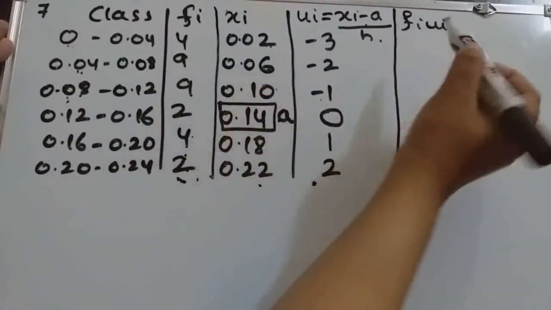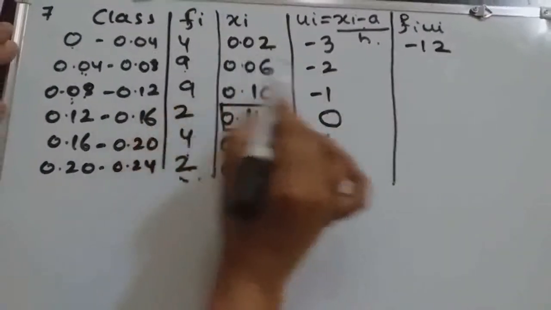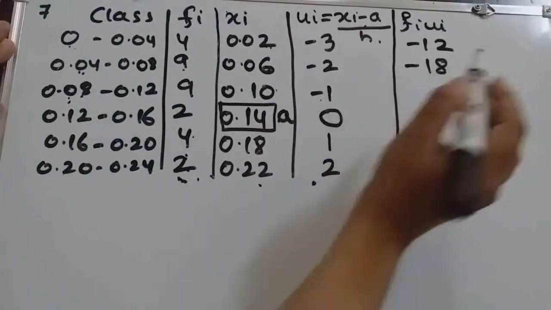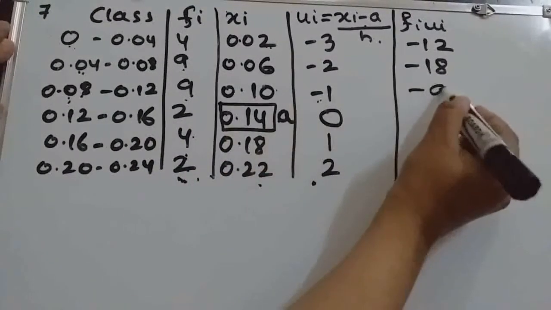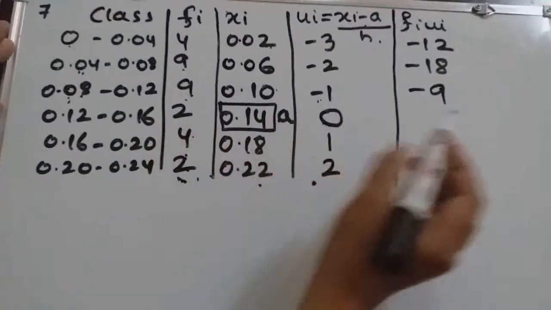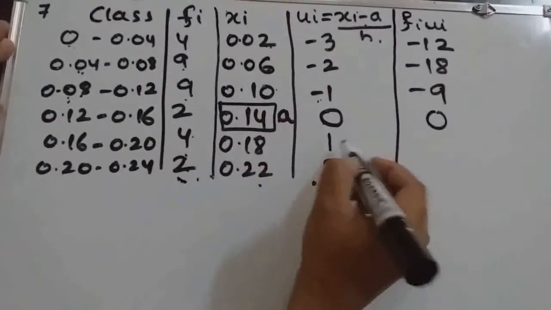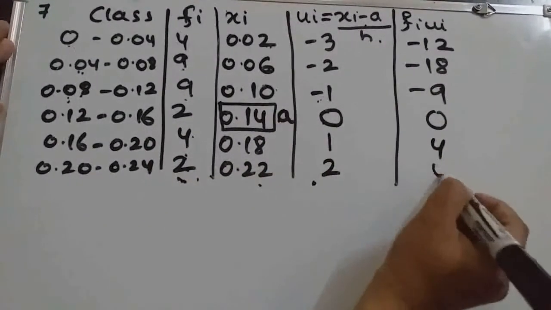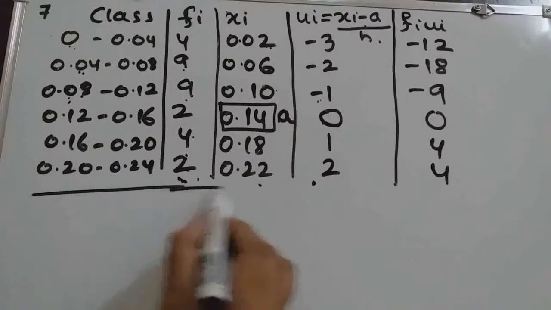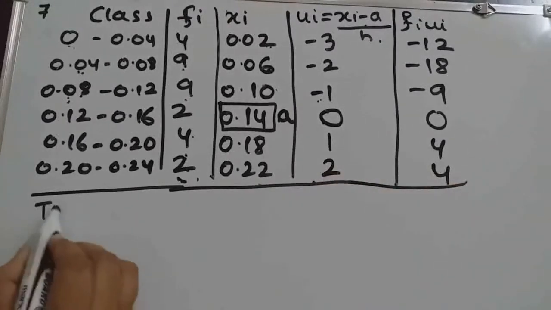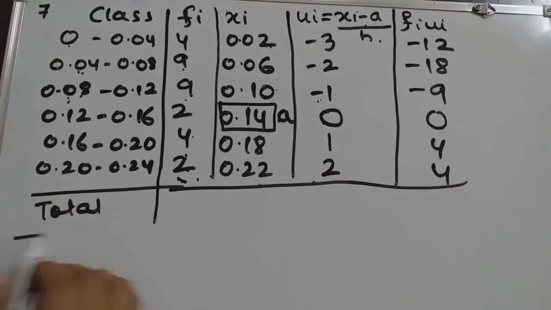So 4 into minus 3 is minus 12. 9 into minus 2 is minus 18. And 9 into minus 1 is minus 9. 2 into 0 is 0. 4 and 4. So see what we will get here. We will write the total. This is already given, 30.